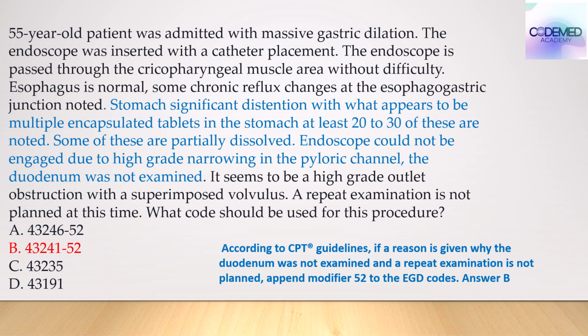So let us look at our case. In this case, the patient was admitted with a gastric dilation, and they decided to go for the EGD, that is, esophagogastroduodenoscopy. And they reached till the stomach, and the stomach showed 20 to 30 tablets.